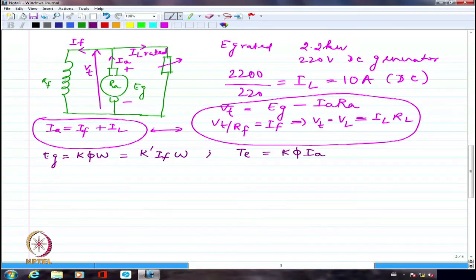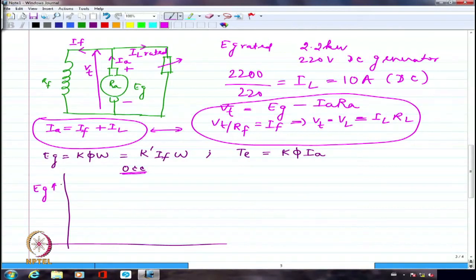Now, let's try to draw the external characteristics for this self-excited generator. Let me first draw what we drew as the OCC, from which we are going to derive how the external characteristics look. This is my EG, this is going to be IF. So I'm probably going to have this as my OCC.